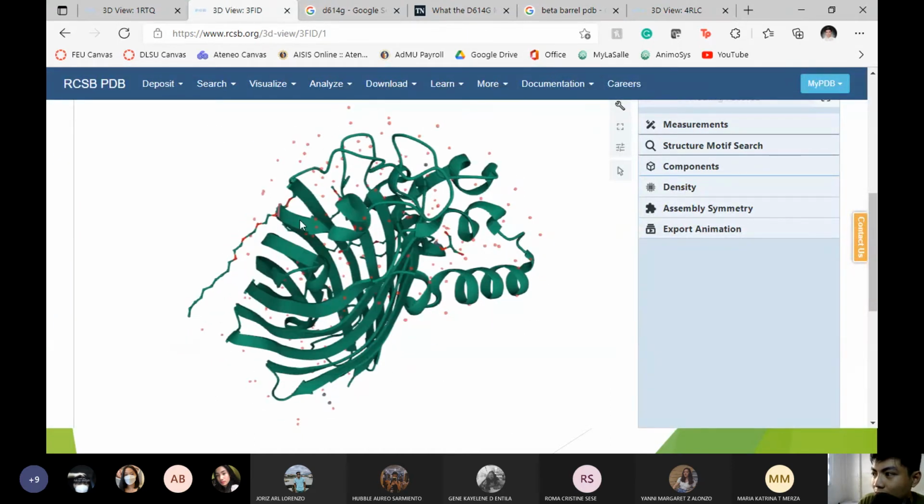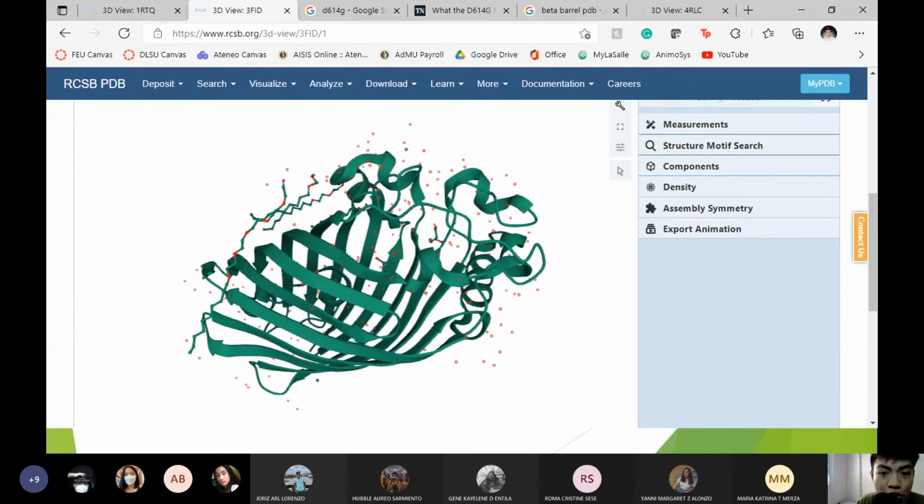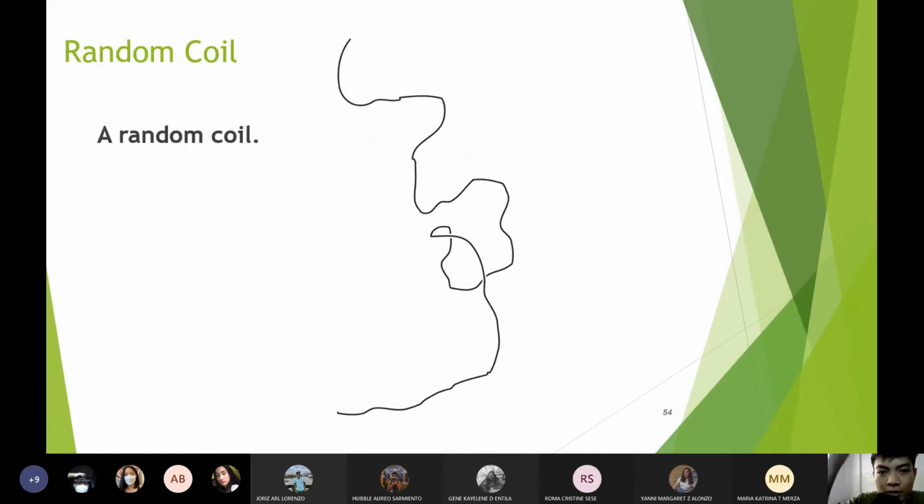They are primarily composed of charged amino acids, which is why they can't coil.